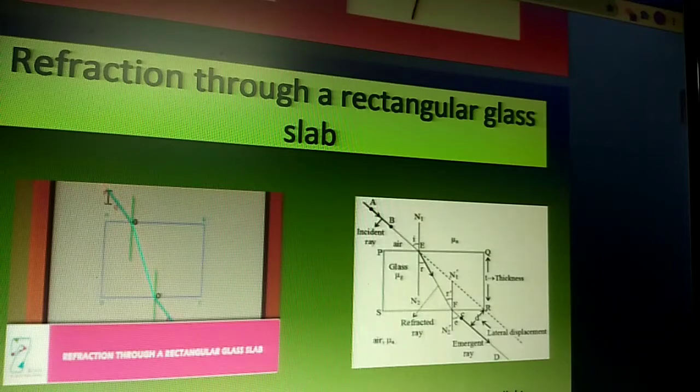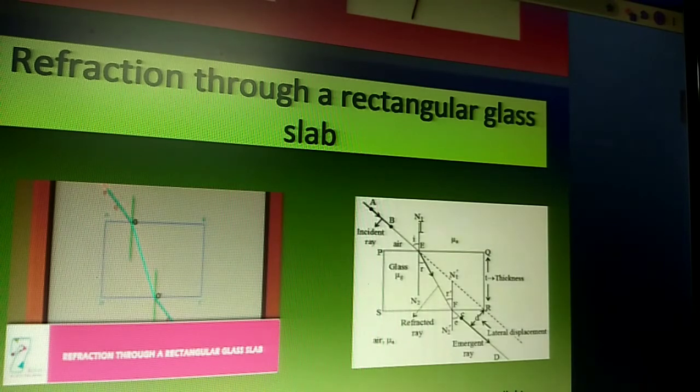When you extend this incident ray through the glass slab, it will be parallel to the emergent ray. So the distance between the emergent ray and the extended incident ray is known as lateral displacement.